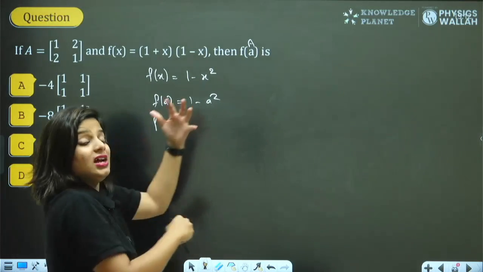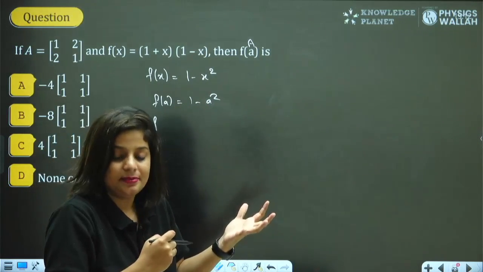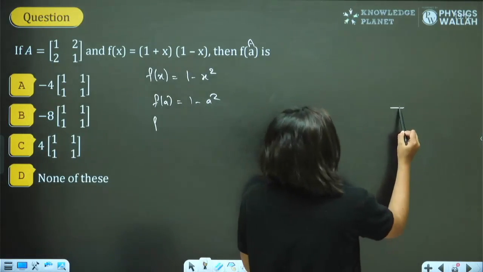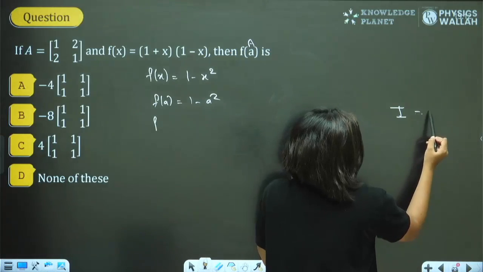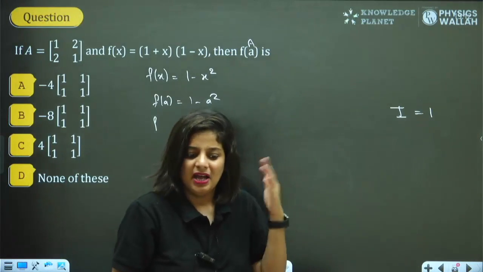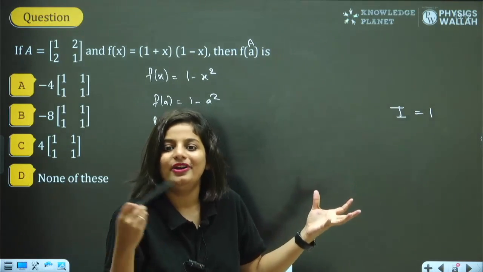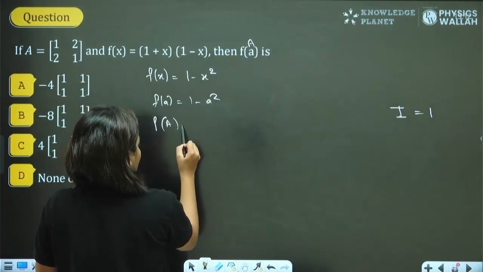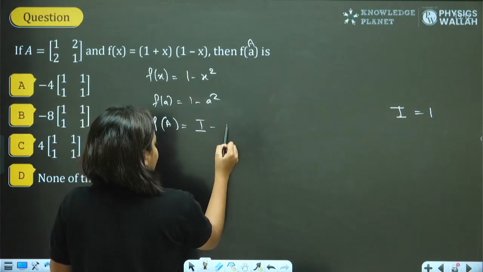A is in numeric system. Capital A is in matrix system. Please remember that I in numeric matrix system is similar to 1. I is similar to 1. Identity matrix is similar to 1. So here f of A, if I want to find out, 1 means I and this is A square.